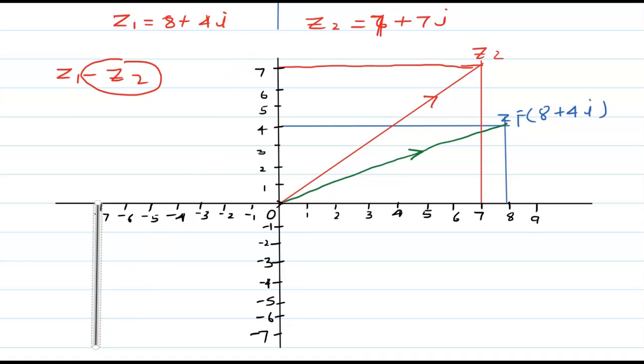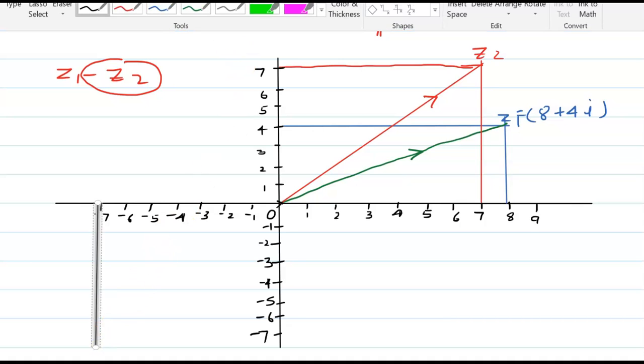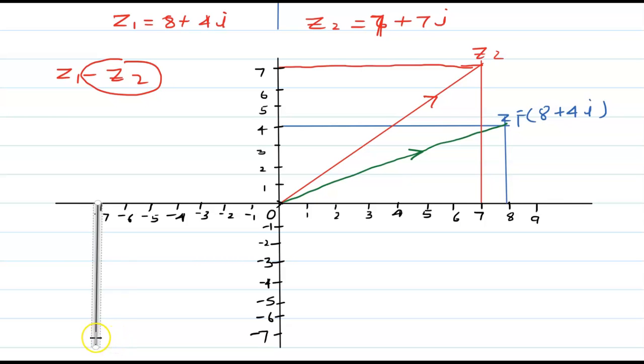We can draw another line here from here till here, minus 7. So this is giving you z2, with black ink, right? So just join this. Okay, so this is giving you negative z2.